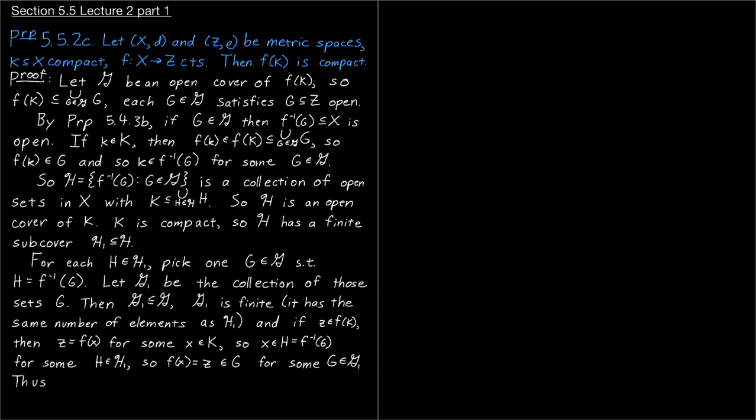Thus, we have that G1 is a finite open subcover of the cover. So we've seen that every open cover has a finite subcover. So f of K is indeed compact.